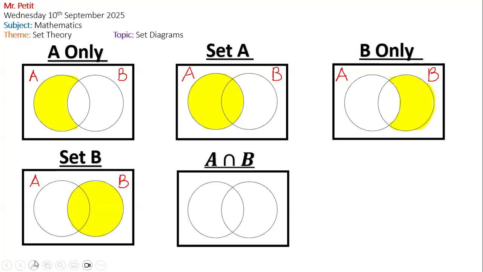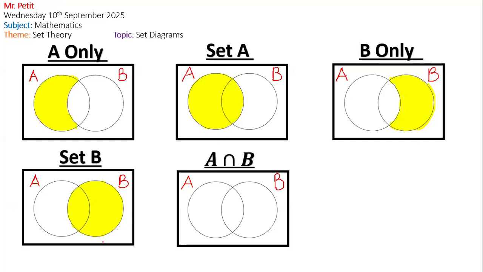What does this represent? A intersect B. Say it again. Intersection. A intersect B. Very good. Now, when we say A intersect B, what does that mean?